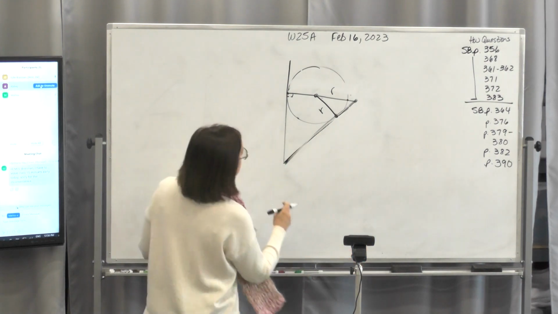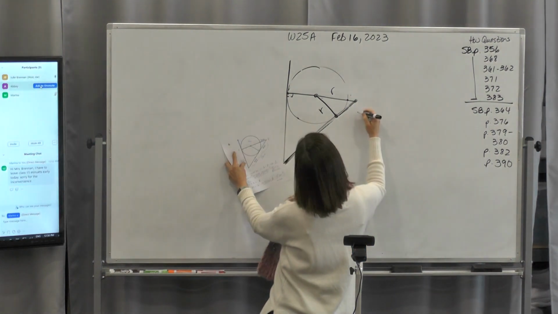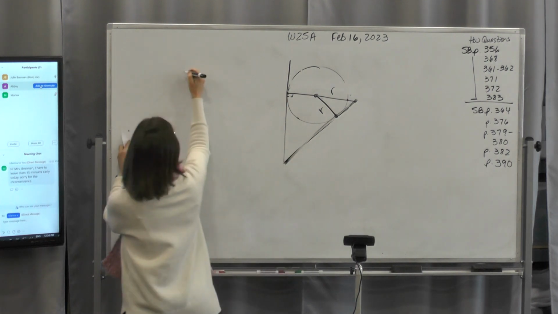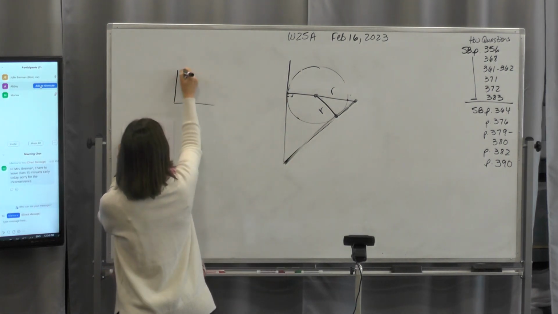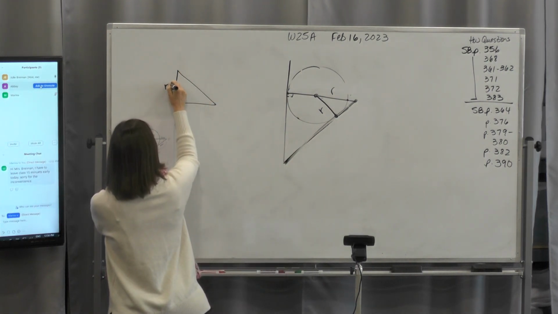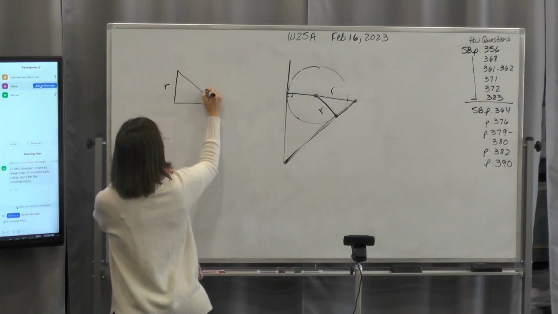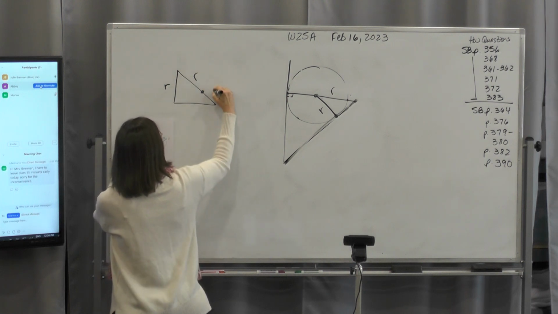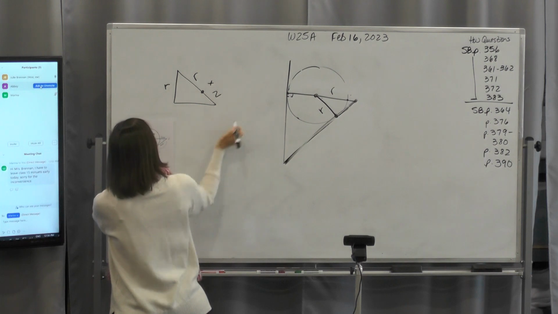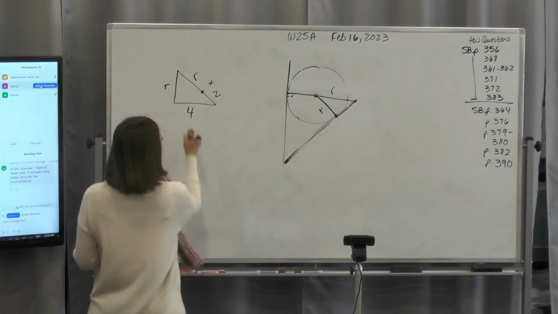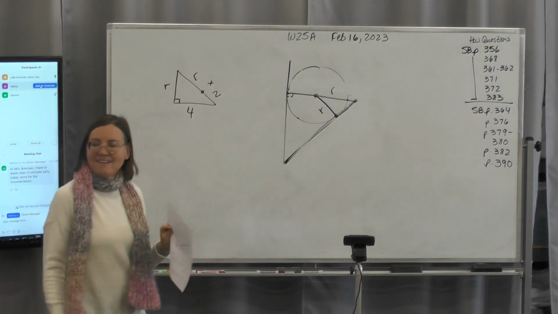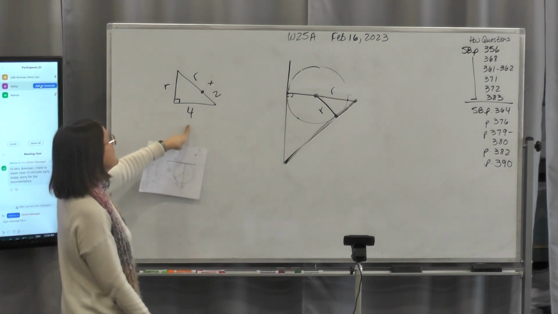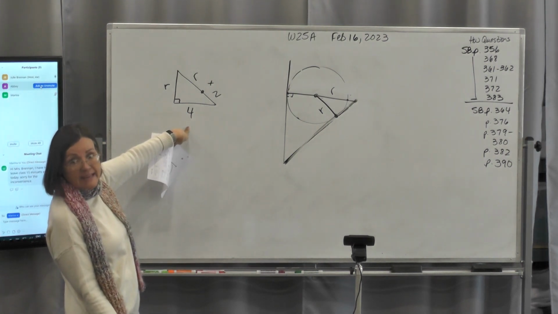And so just to understand that, because I just used this little triangle here, I'm going to kind of draw it out. If this is a radius, right, and this is the radius plus 2, and this is a 4, well, the radius would have to be... Yeah, well, it's not completely obvious. You could guess it, right?